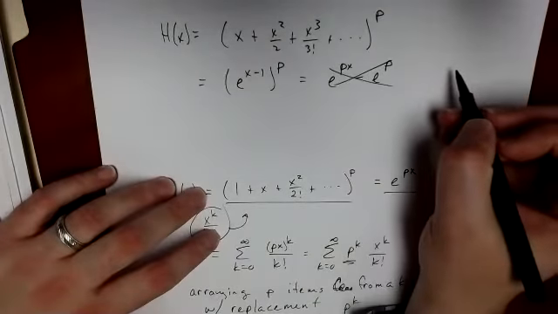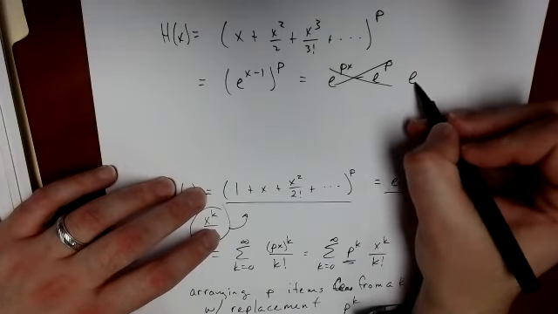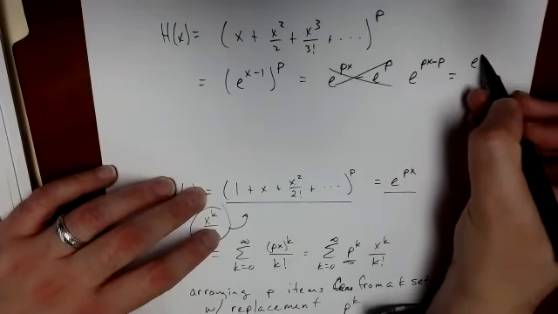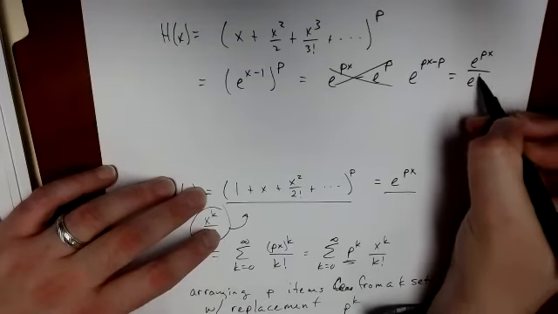Don't pull that kind of stuff, right? I meant to say e to the px times e to the minus p, which is e to the px over e to the p.